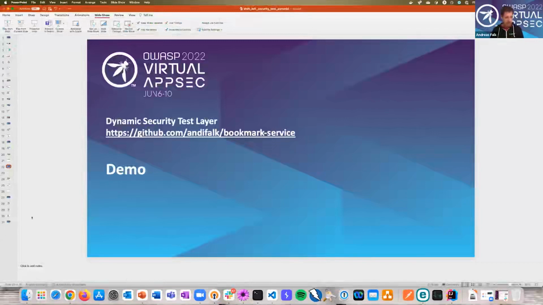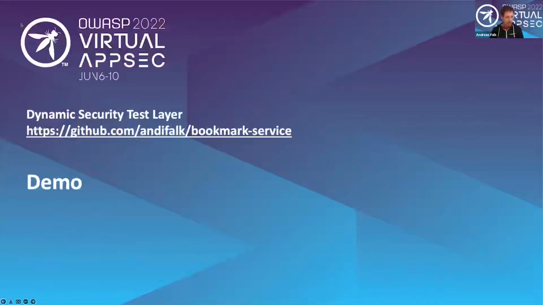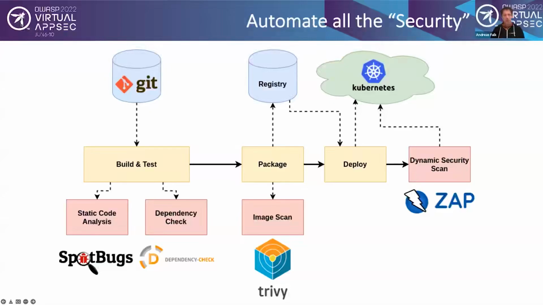The last thing I would like to show, because the time is already quite up, is that all the things I have shown to you so far, you should automate completely.